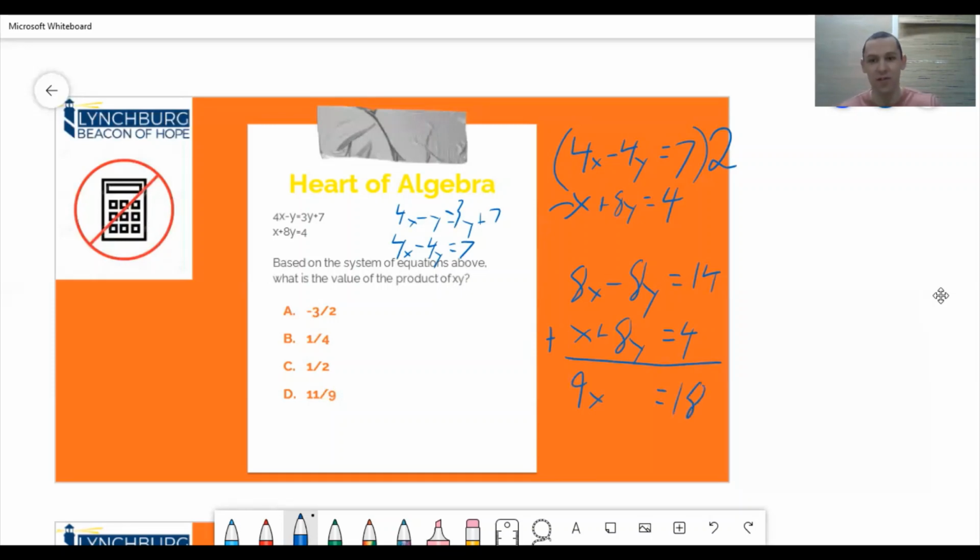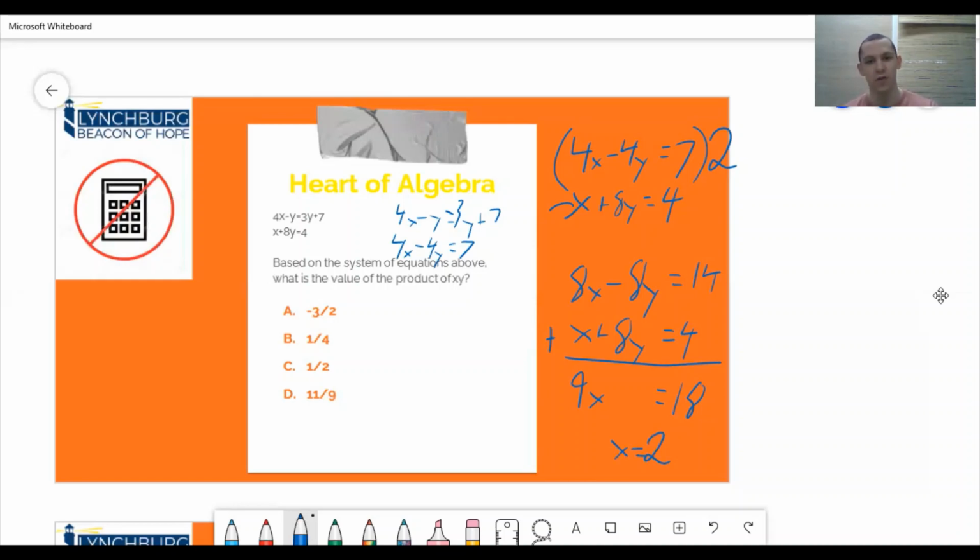So then we just solve this like we would any normal equation, and we just divide by 9, and we get x equals 2, because 18 divided by 9 is 2. So now that we have x, we take x and put it into either this equation or this equation to figure out what the y value is.